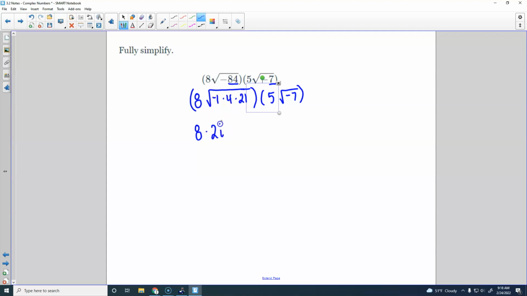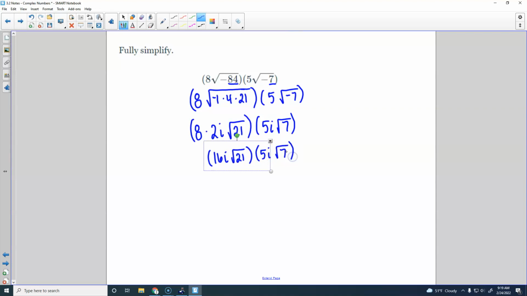I'm going to have the i from the negative 1. And I'll have the square root of 21. And I'll get 5i square root of 7 here. Which is going to give me 16i square root of 21 times 5i square root of 7.